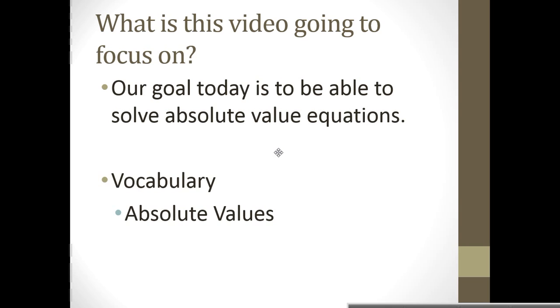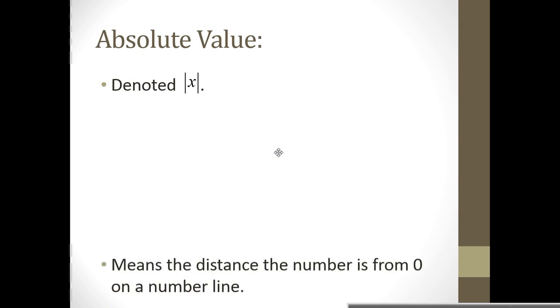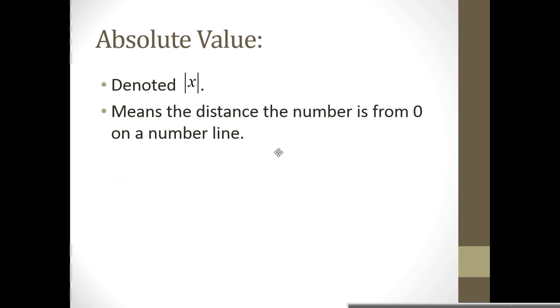If you remember some vocab, we want to know about absolute value. If you remember back, absolute value is denoted as |x|, x with some bars around it. What that meant is that it's the distance the number is from 0 on the number line.